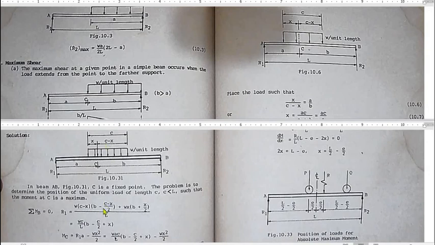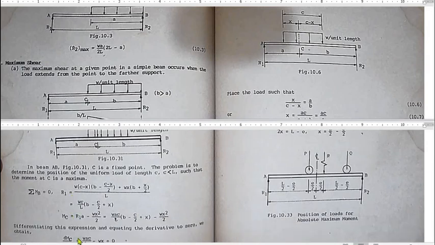Next is yung equivalent concentrated load would be from this distance X. And that is W times X times the lever arm na B plus X all over 2, okay? Ang lever arm nitong maliit na load niyan is B plus X all over 2. And then from there, you can get the equation for R1.